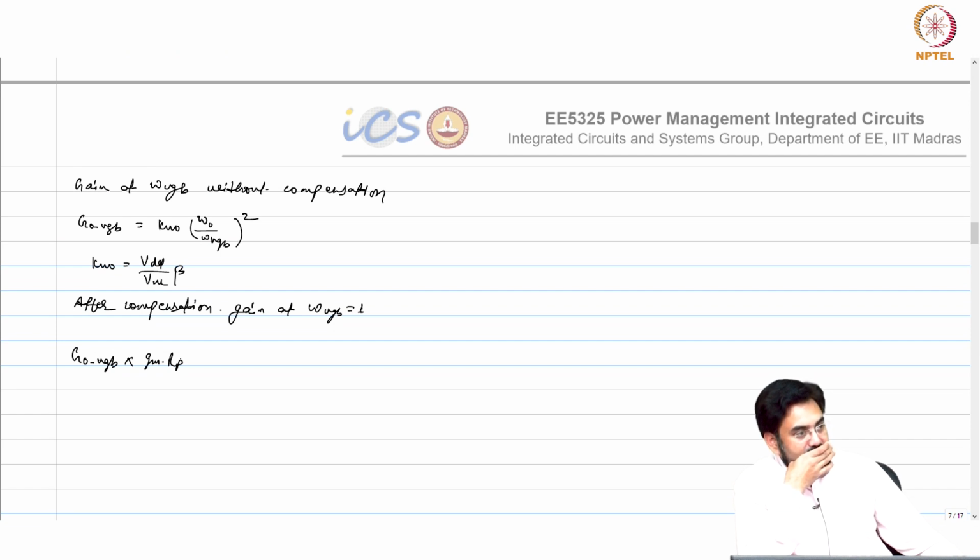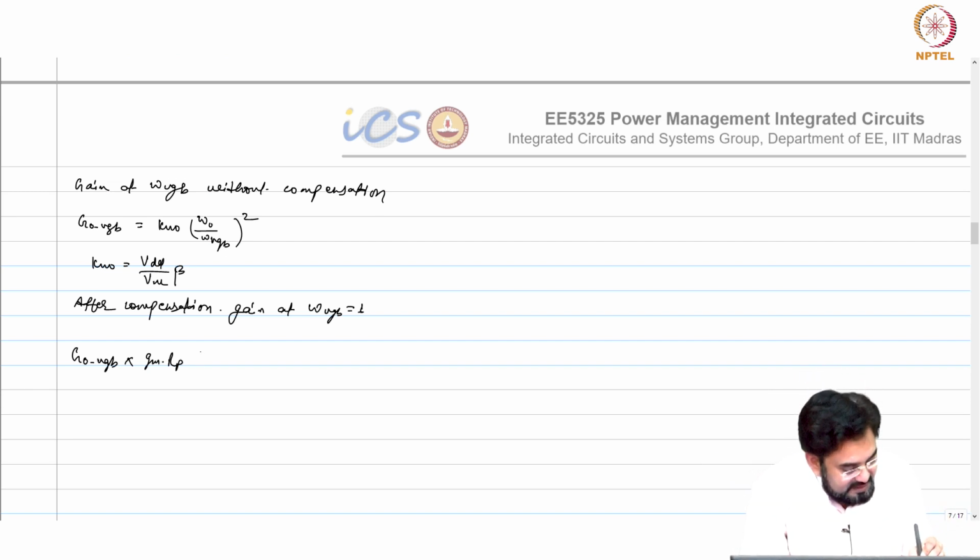Which 0? Second 0, first 0? Second 0. First 0 will cancel the integrator. So that is already incorporated here by having GM into RP. Okay, that is your midband gain. Then you have a second 0. So how much gain will the second 0 introduce?